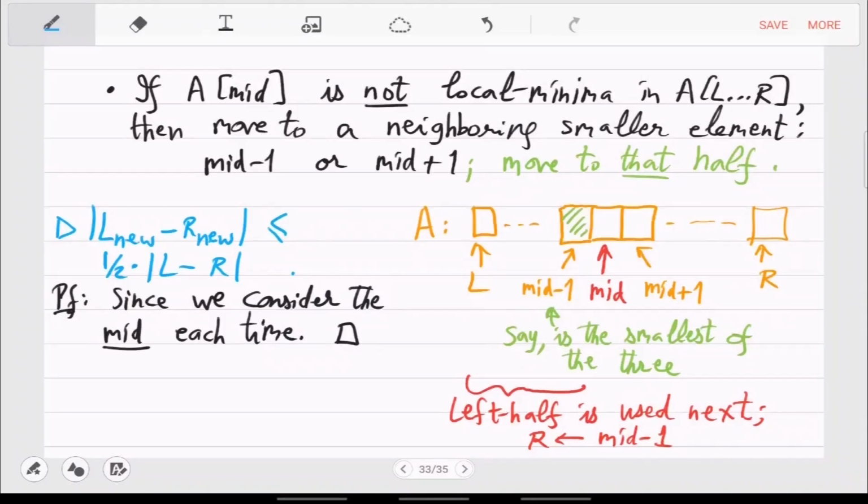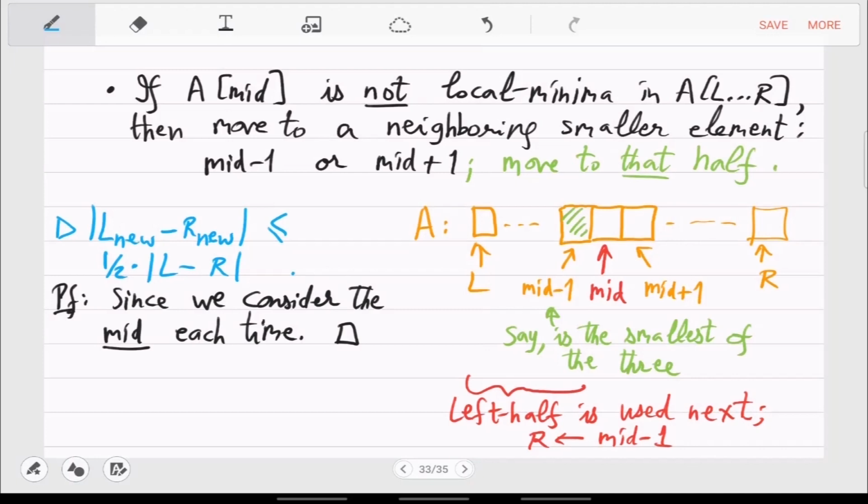The important invariant is: when you move to mid minus 1, what has happened is that element is smaller than its right boundary, right? And similarly, the entry at L, the first endpoint, is also smaller than its left neighbor. So we can ensure this invariant, if it exists.